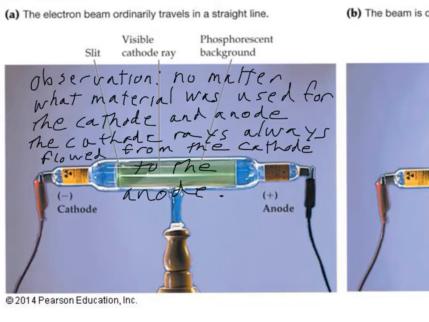He tried several different materials to make these cathodes from, and no matter what material he used, he always saw the cathode rays flowing from the cathode to the anode. That led him to conclude two things from that observation. First, all substances had to include these cathode rays.